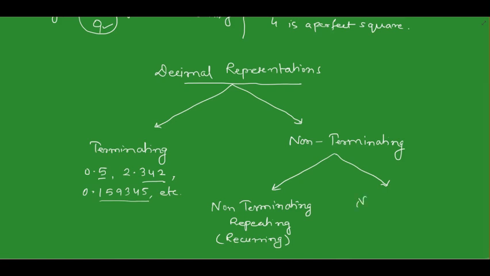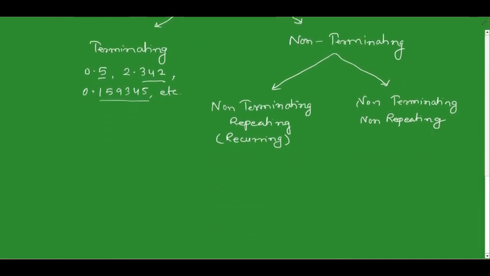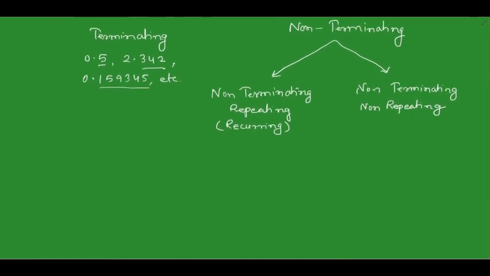And another is non-terminating, non-repeating. What does this mean? This type actually represents irrational numbers. Let us see examples of this. Examples will make it clearer.